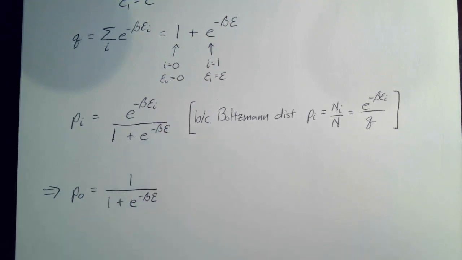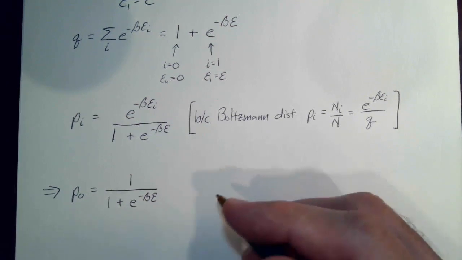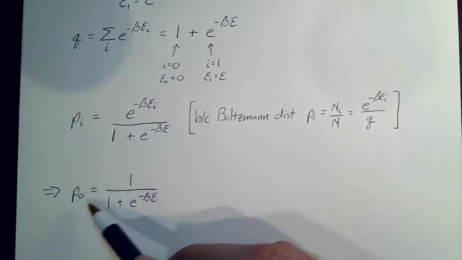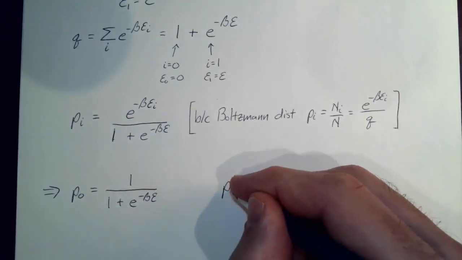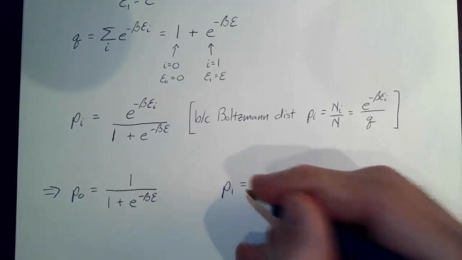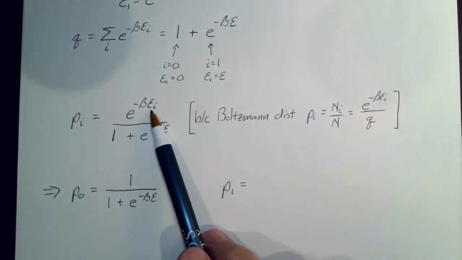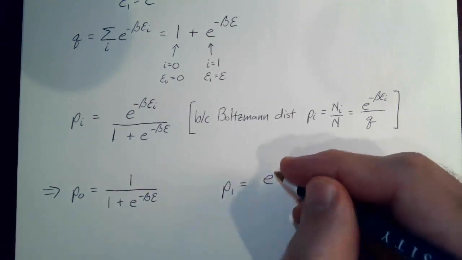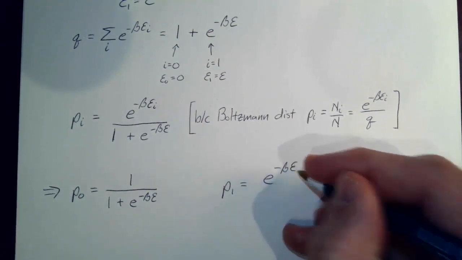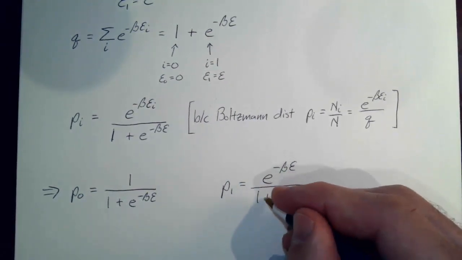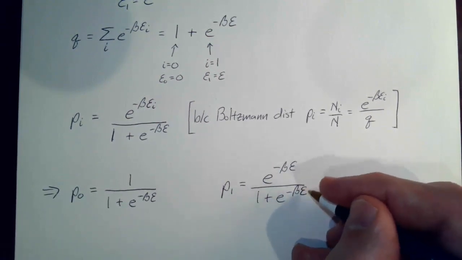This is the spacing, effectively. All right, so that's the probability to find a molecule in state 0. How about the probability to find a molecule in state 1? Well, now epsilon i becomes epsilon in the numerator. So this numerator is e to the minus beta epsilon over 1 plus e to the minus beta epsilon.